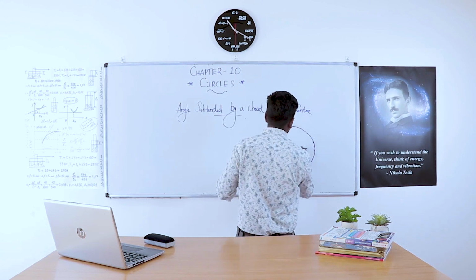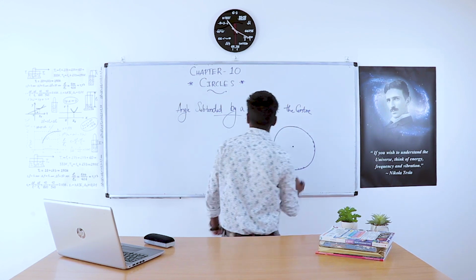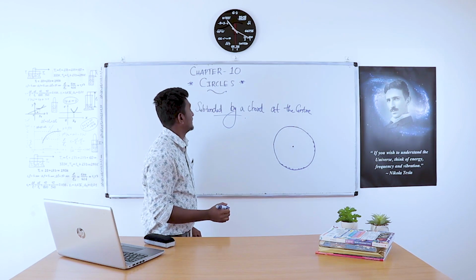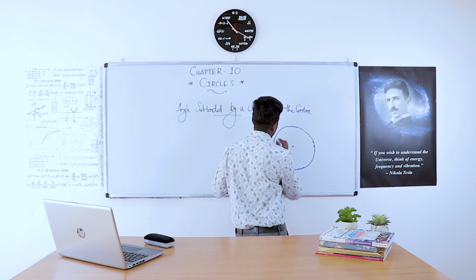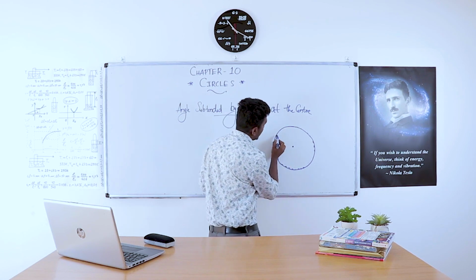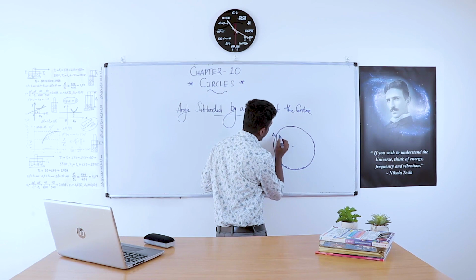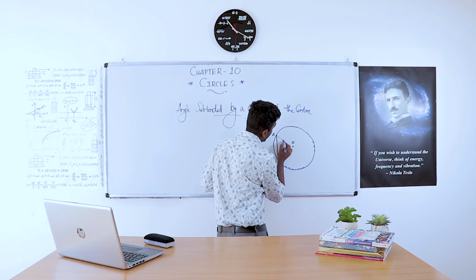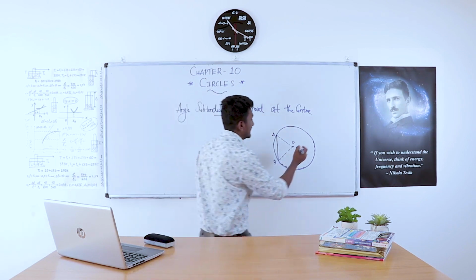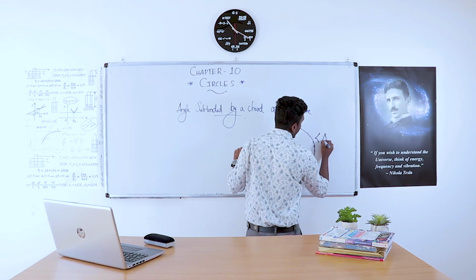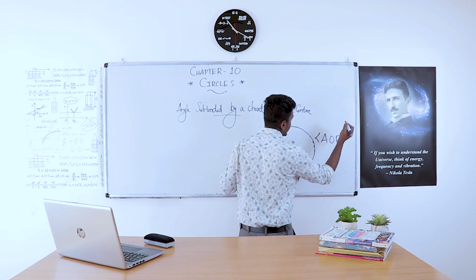Now, the theorem: angle subtended by a chord at the center. Okay. Now I am considering a chord and naming it AB. The center is O. Now, this is the angle subtended by the chord at the center, that is angle AOB.